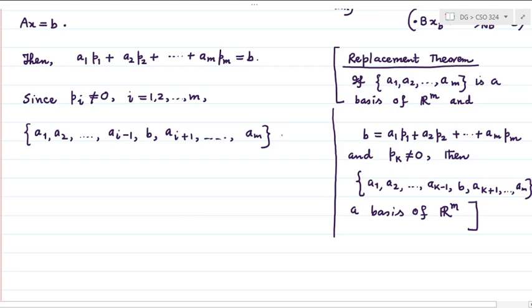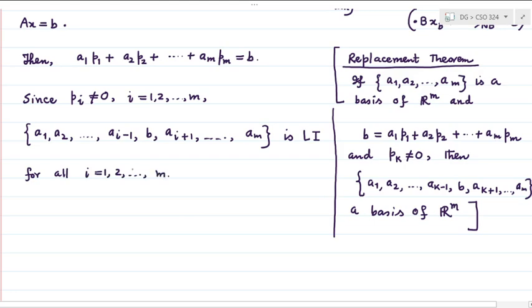Obviously this is linearly independent, because any basis is linearly independent and spans the entire vector space Rm, for all i equal to 1 to m.